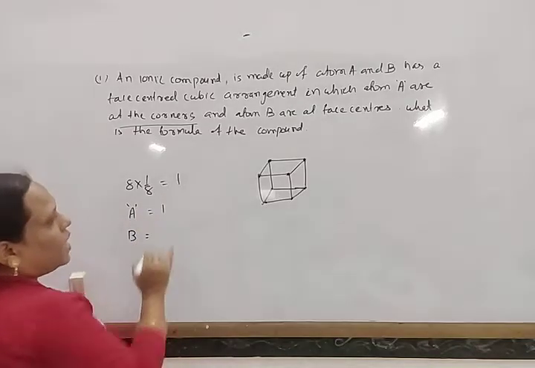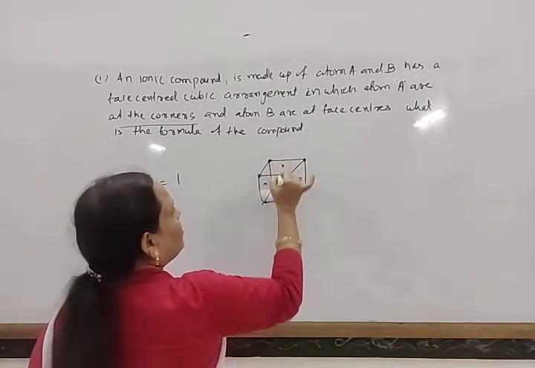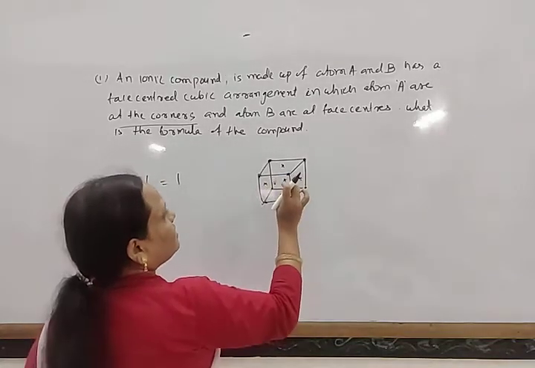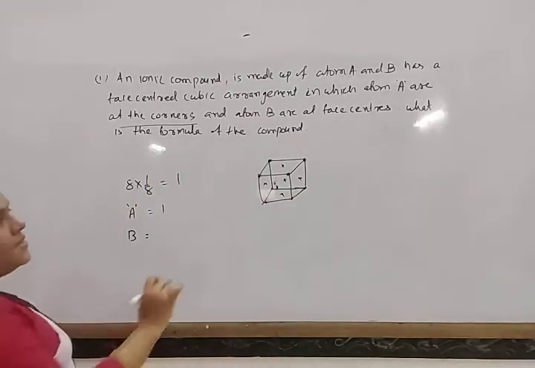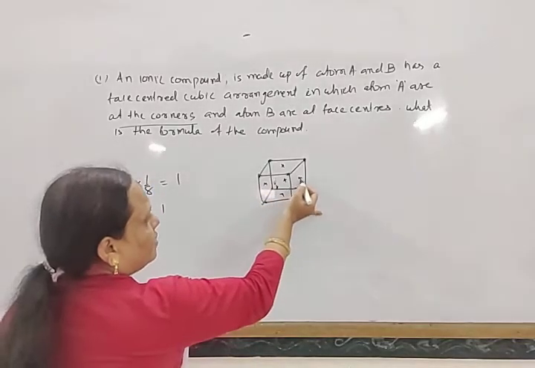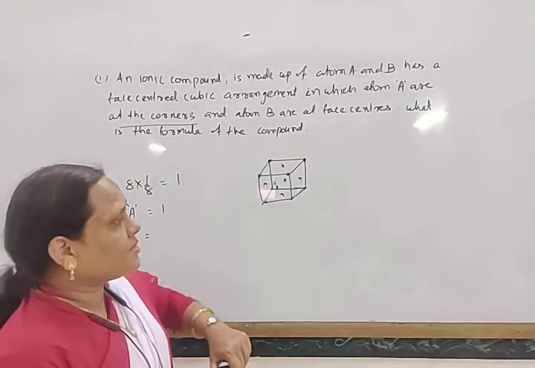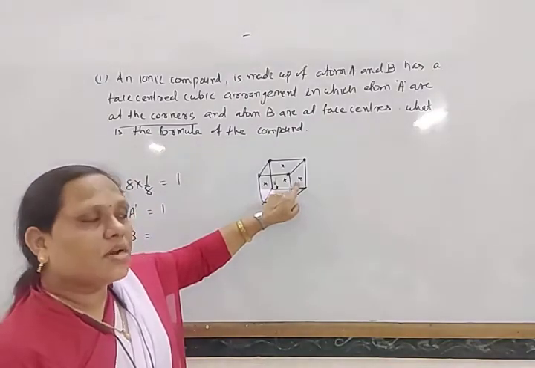Similarly, how many atoms B are present? If we consider atom B, there are 6 faces, and each face has one particle present at the center of the face, which has a contribution equal to half.